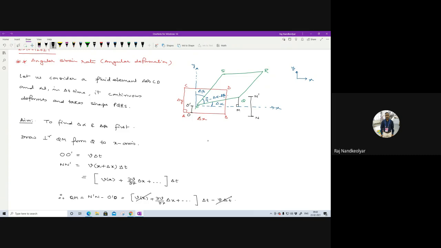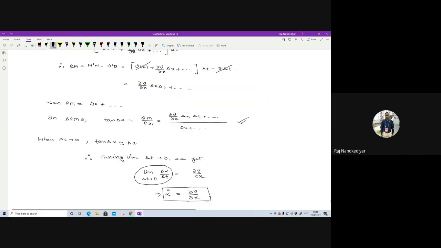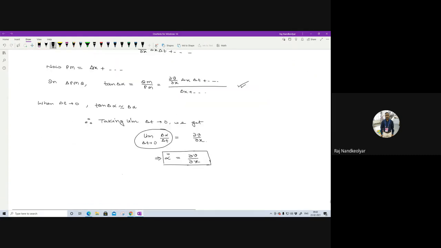If you think about the Y direction, you will similarly get beta dot. Beta dot is limit delta T tending to 0 of delta beta upon delta T, and that beta dot will be equal to del U by del Y. Is this okay? Any doubt?